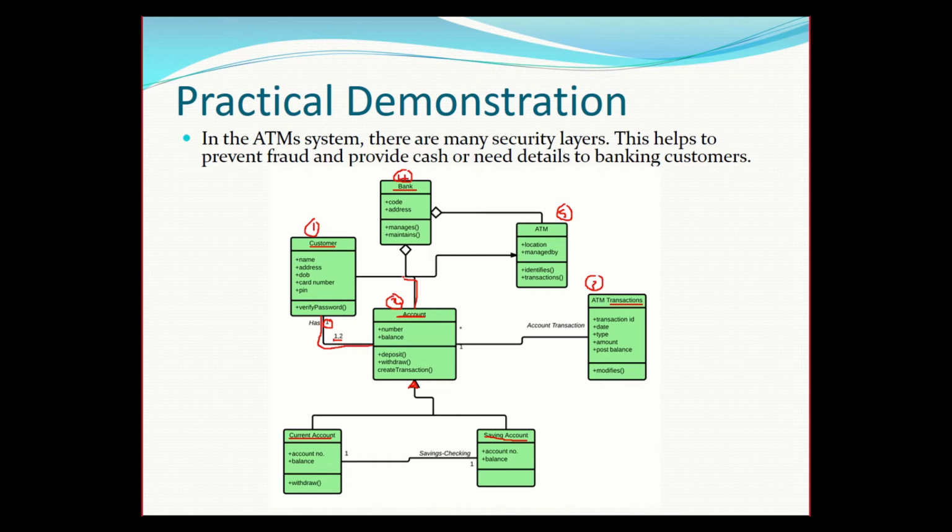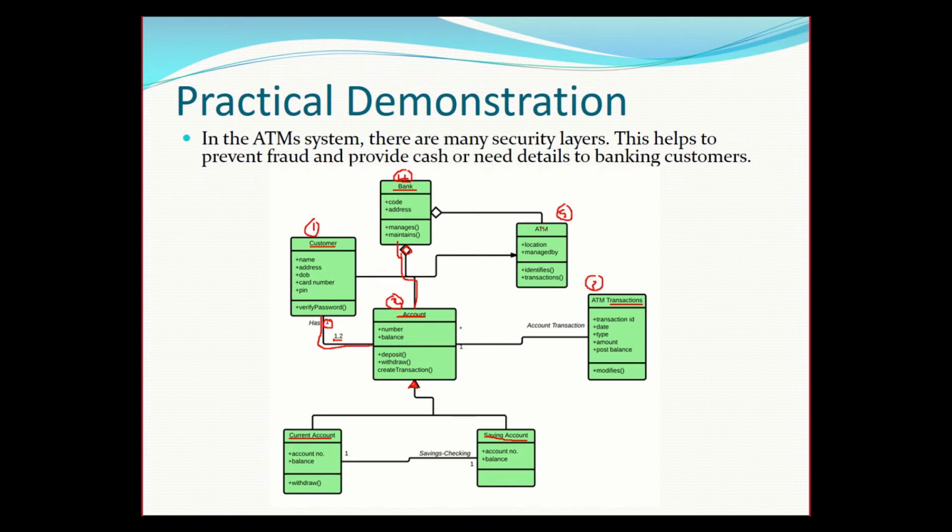The account is part of the bank. And it's aggregation here. If you draw a normal line, that's okay. But if you specify the relationship to be more aggregation, the bank will include accounts.